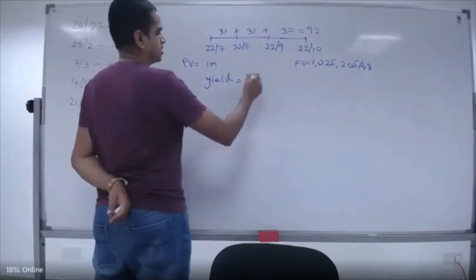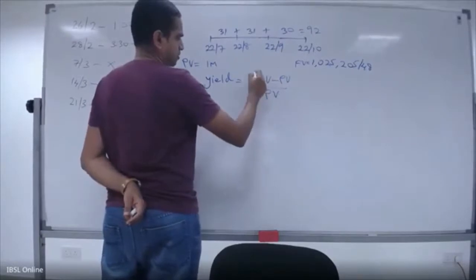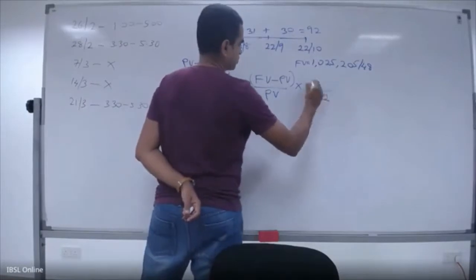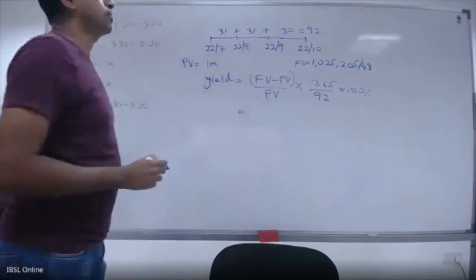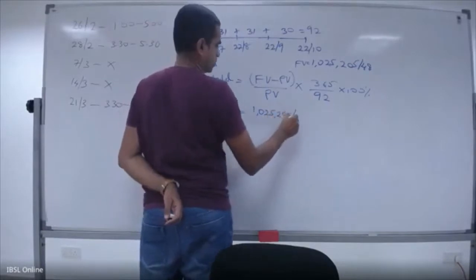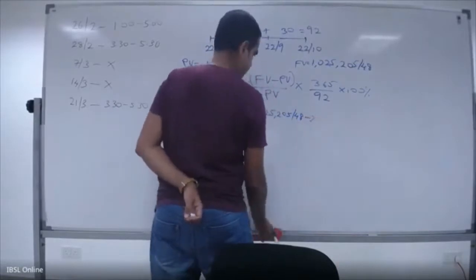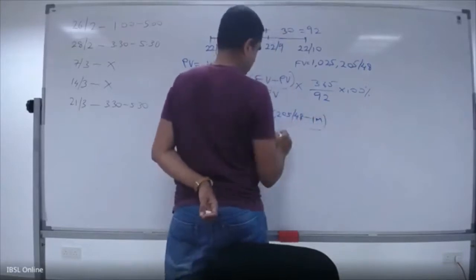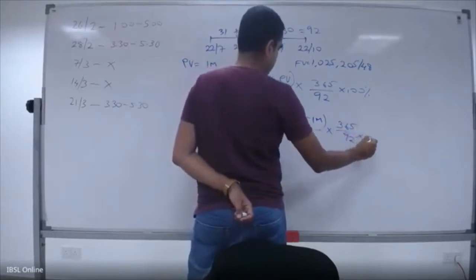Yield will be the future value minus present value divided by the present value. It's a percentage of present value into number of days, 92. So the future value is 1,025,205 cents 48 minus the present value of 1 million, over 1 million into 365 by 92 into 100%.